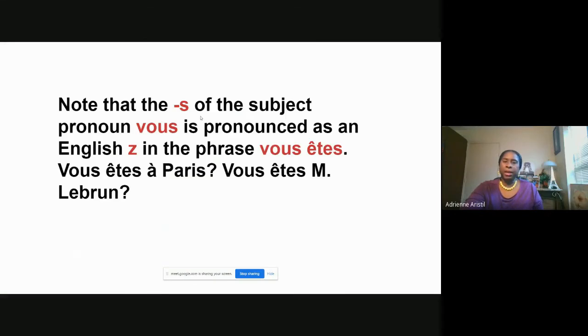Note that the S of the subject pronoun vous is pronounced as an English Z in the phrase vous êtes. Vous êtes à Paris. Vous êtes Monsieur Leboin. That's the way you pronounce it.